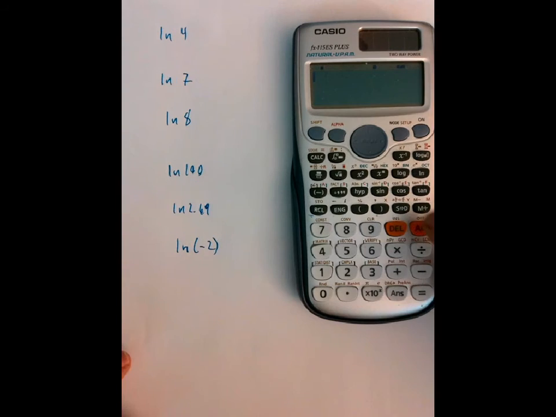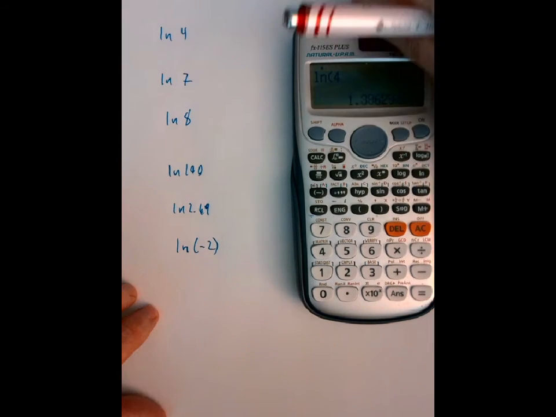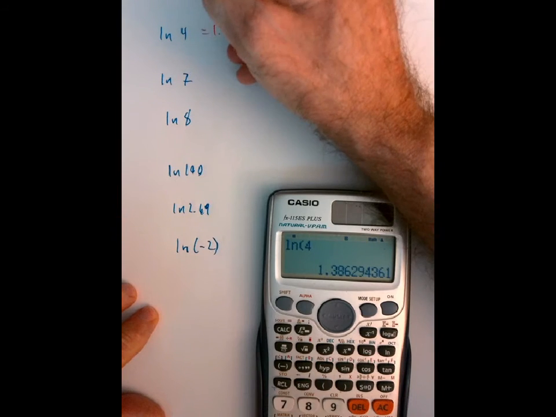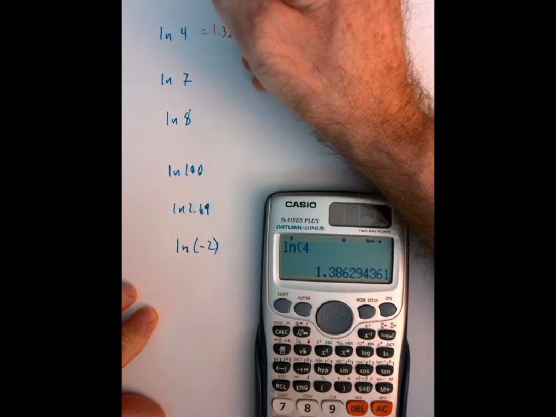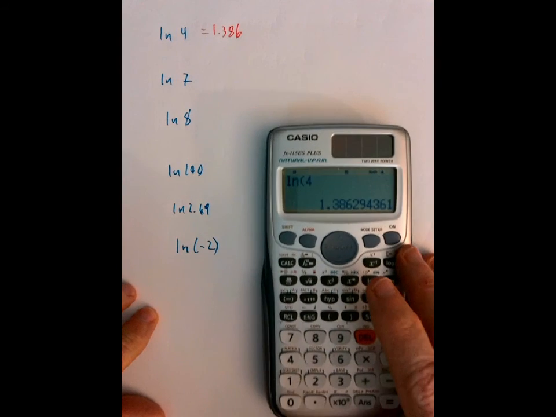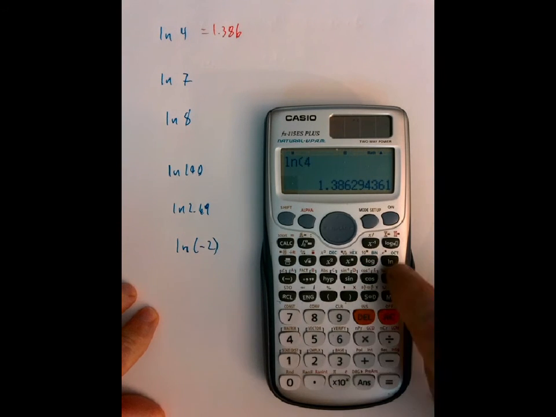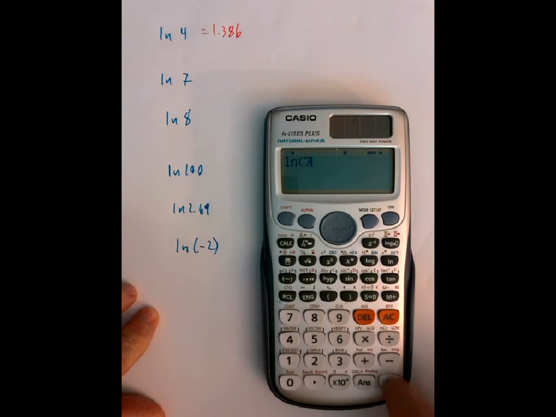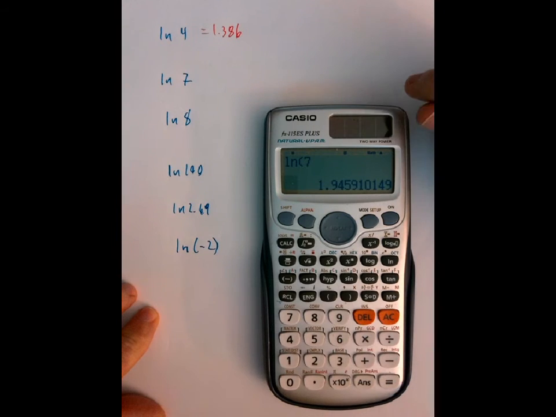Okay, so there is ln 4, and we're going to round off to 3 decimals, 1.386. ln 7 is approximately 1.946.